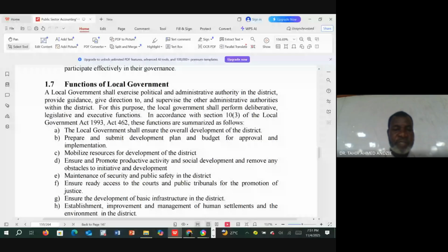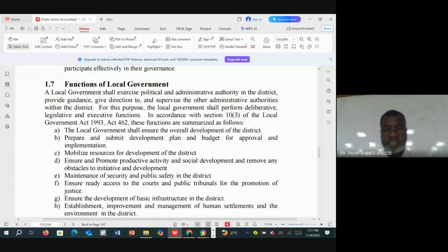The judiciary, the military, all the ministries will have their offices in the district, and so the district assembly will have to ensure that they provide guidance, give direction, and supervise all these administrative units in order to ensure that the local government performs their deliberative, legislative, and executive functions.